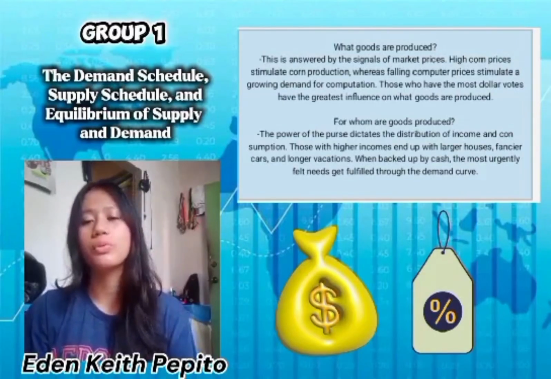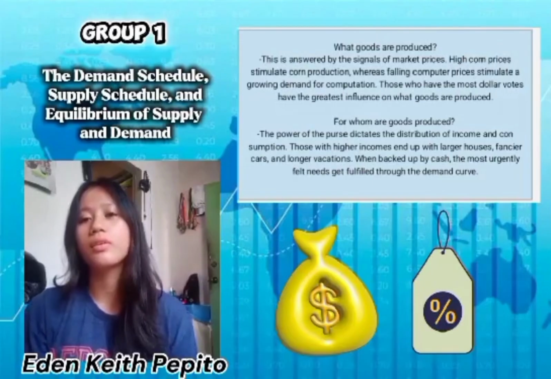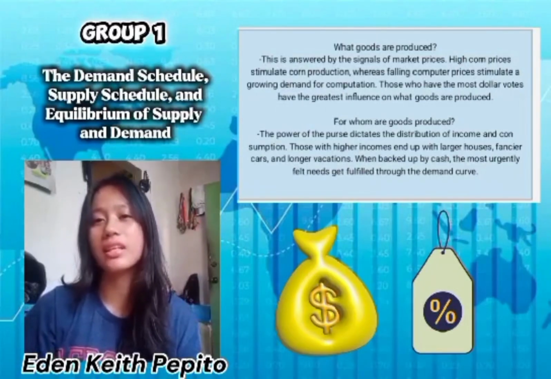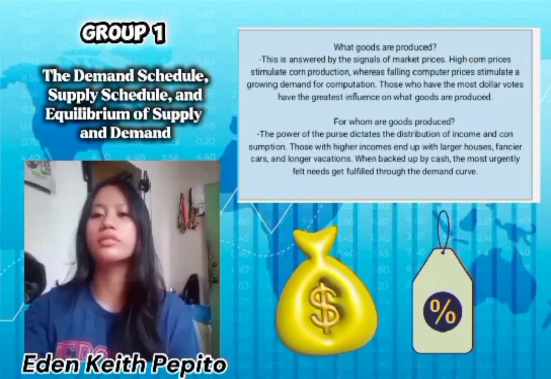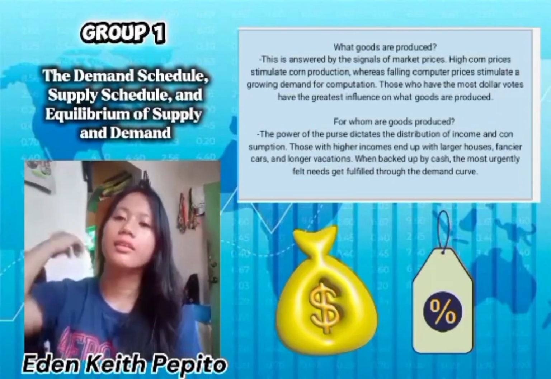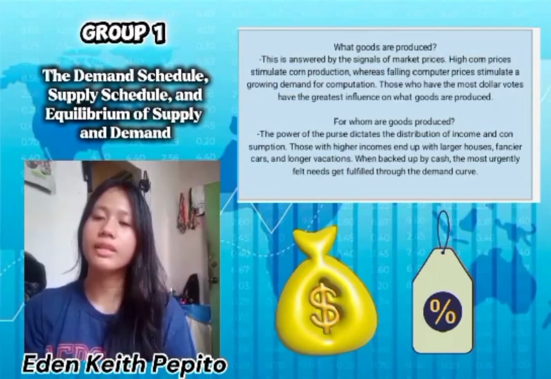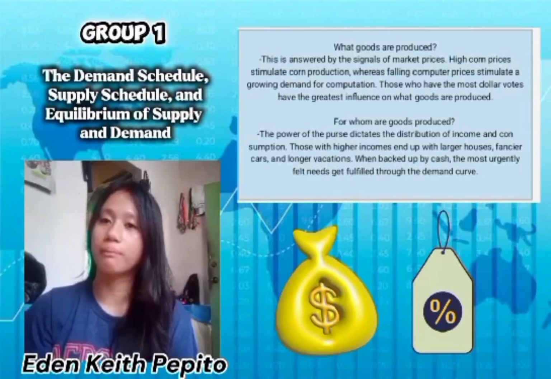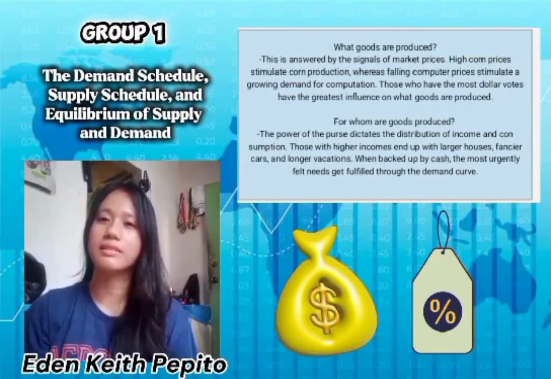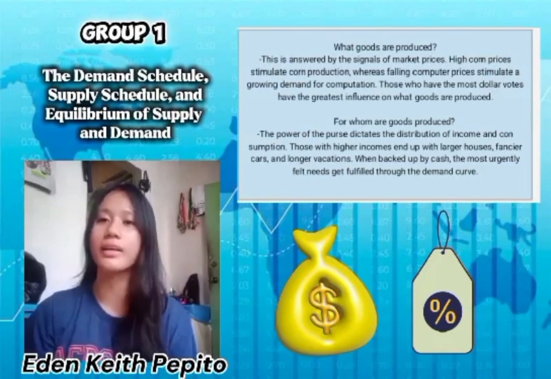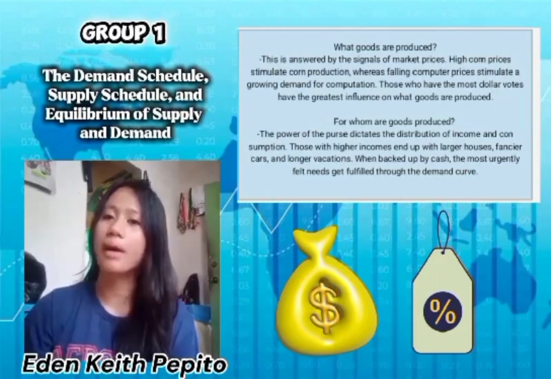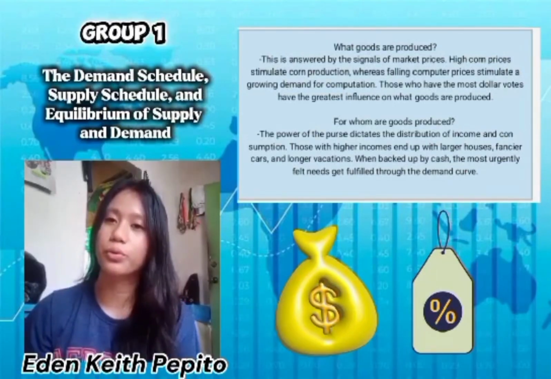So when we say they have the greatest influence on what producers should make, kay tungod since dagko man sila income, so mas ang ilang kasagaran paliton kay mga branded products, mga high qualities, mga mamahalon ng mga produkto.